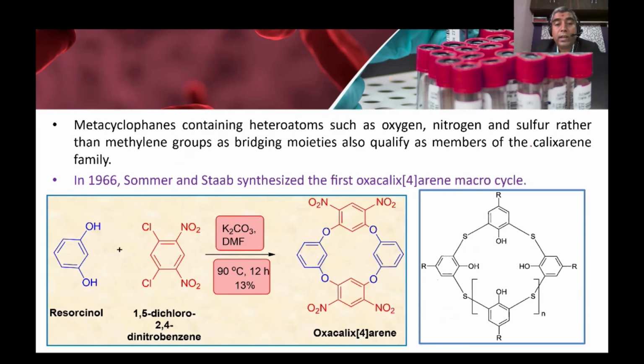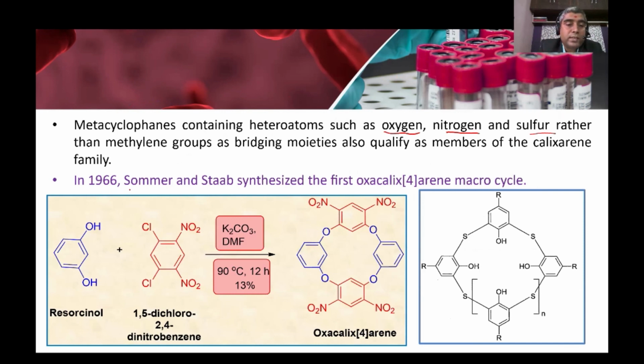Metacyclophanes containing heteroatoms such as oxygen, nitrogen, and sulfur, rather than methylene groups as bridging moieties, also qualify as members of the calixarene family. So oxacalixarene, azacalixarene, and thiacalixarene are also in the calixarene family.